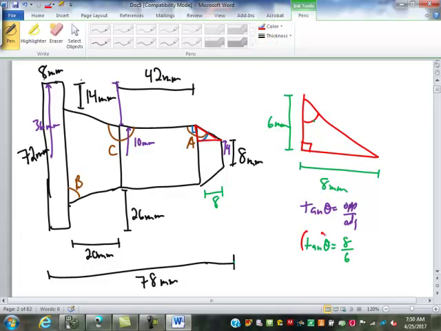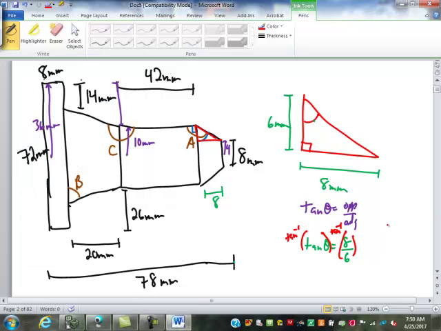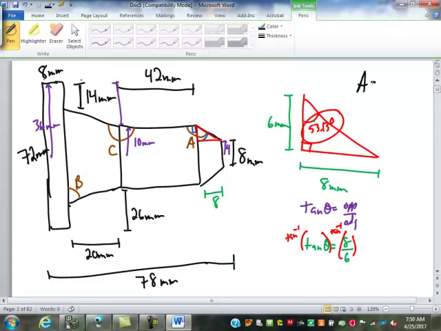So we're going to do an inverse tangent. So second tangent, 8 over 6. 53.13 degrees. So angle A is 90 plus that, 143.13 degrees. Any questions on angle A?